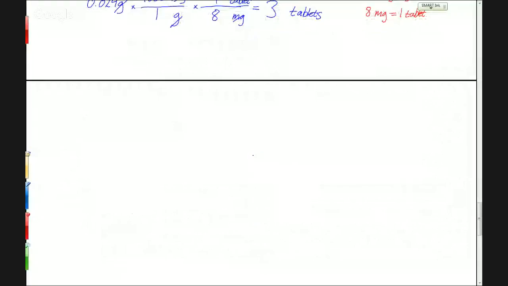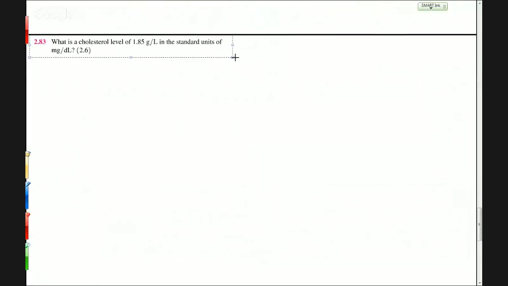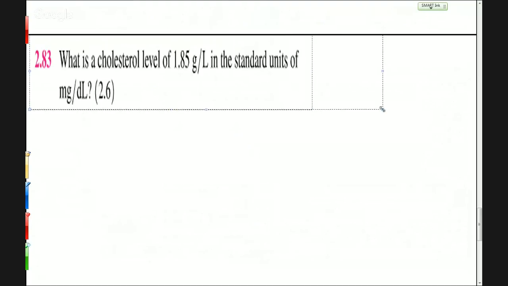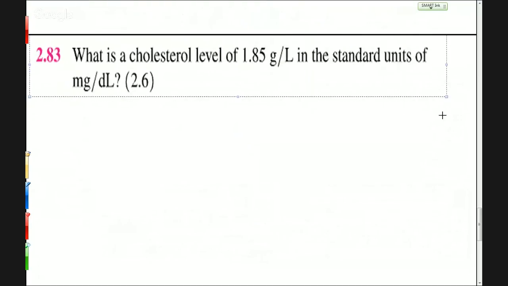This is a pretty tricky one, but I'll show you how we can step through it.